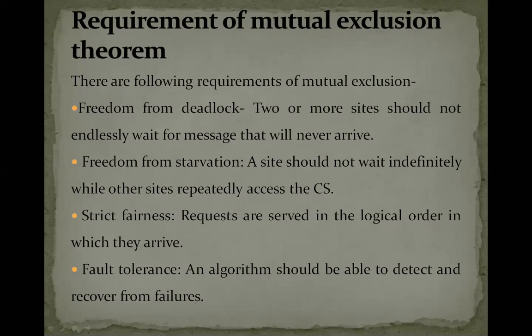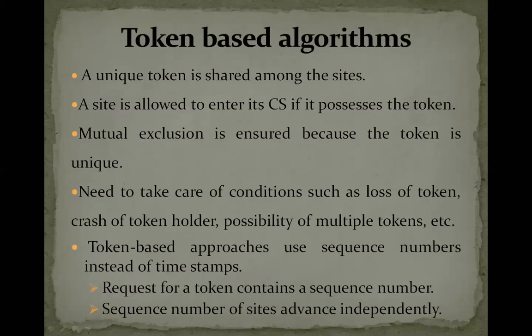So that is why we are going to discuss the token-based algorithm first, which is used to handle the mutual exclusion problem. In token-based, as I told you, a unique token is shared among the sites. A site is allowed to enter the critical section if it possesses the token.